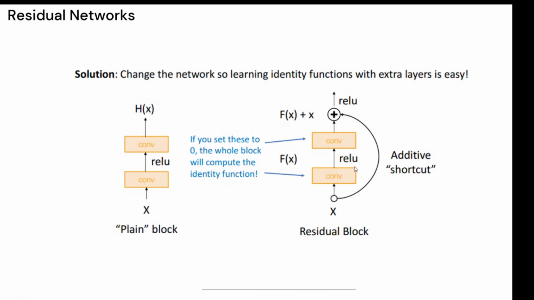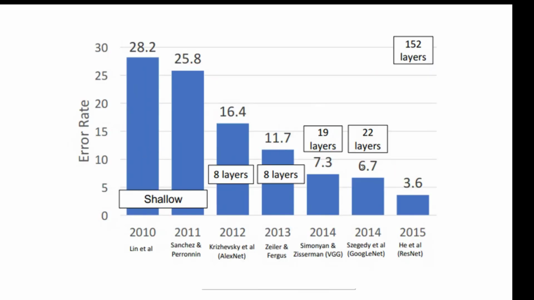So it does not lose accuracy, and it is at least as accurate as the previous shallower model. And here we have compared what error rate different architectures got on the ImageNet challenge. As you can see, the ResNet got the lowest error rate, which is 3.6. And that's all from my side, and thank you.